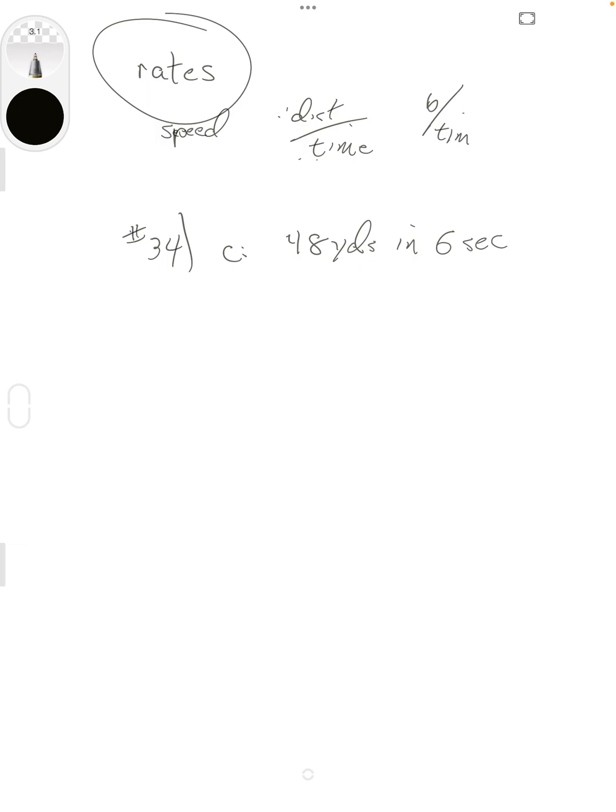Okay, so what are the rates? Well, you say it's 48 yards over 6 seconds. You can reduce that, and that would be 8 yards for every 1 second. So that's his rate. Another way to say it is 1 second for every 8 yards.